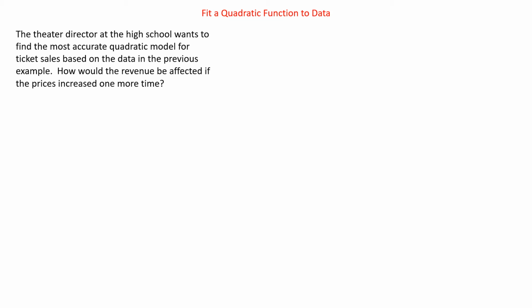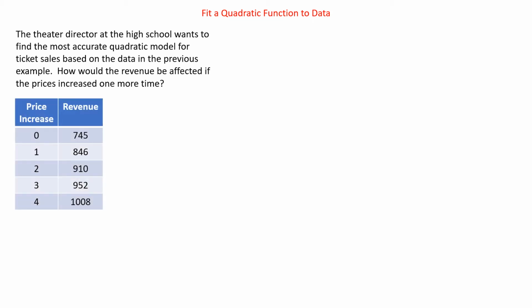So what we can do is, first let's get the data. I don't remember the data from the previous slide. So here it is. These are the price increases and the actual revenue, because the predicted values from the equation that he used don't matter to this problem, because we're going to find an equation that might be better. And so how do we do this?